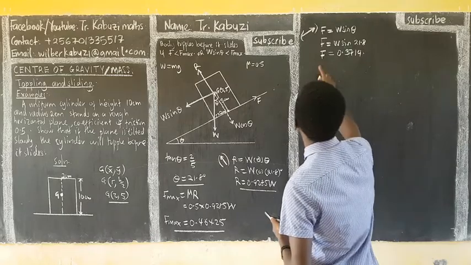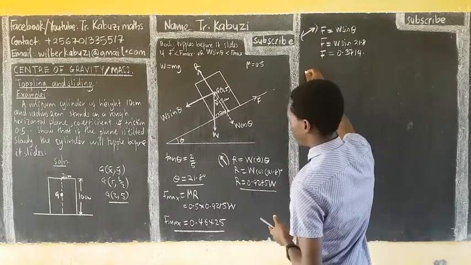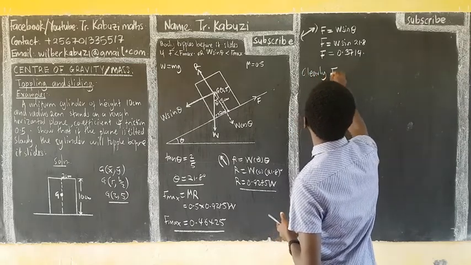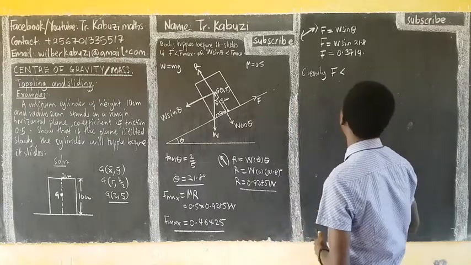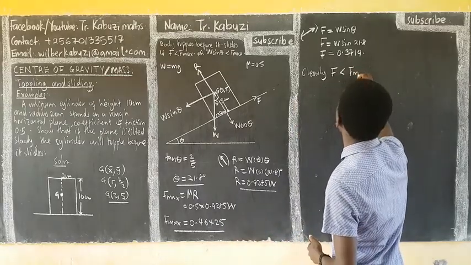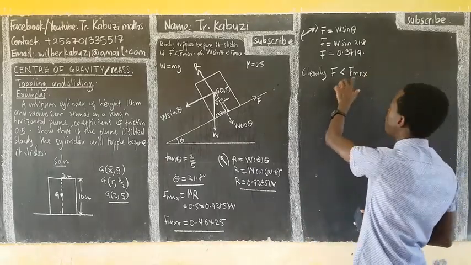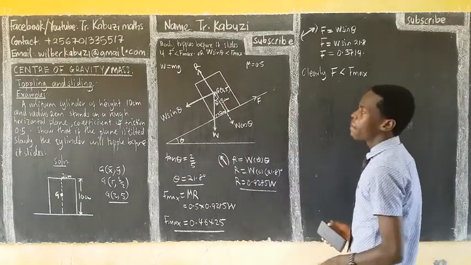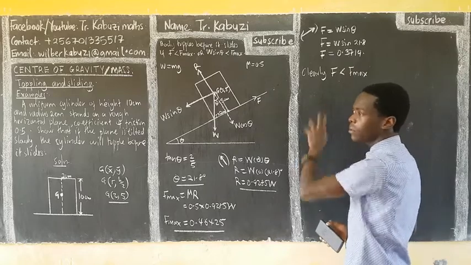Therefore, our F is less than F max, because this is 0.5 and this is 0.3. If F was greater than F max, then it would be sliding. But if F is less than F max, it means that it won't slide, but it will just topple.